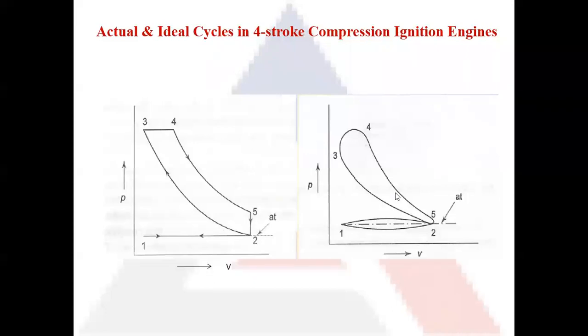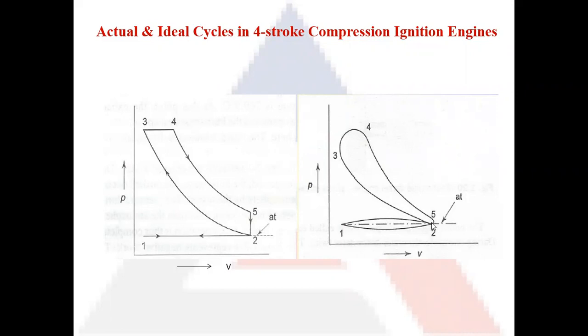But in the actual diagram, you can see that from 1 to 2, the suction stroke, the curve is below the atmospheric line, so there is vacuum inside. And from 2 to 1, the exhaust stroke, we have pressure greater than the atmospheric pressure. So that is why we have a curve that is above the atmospheric pressure line, that is this dotted line here.